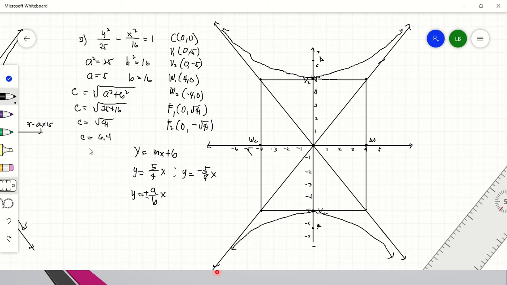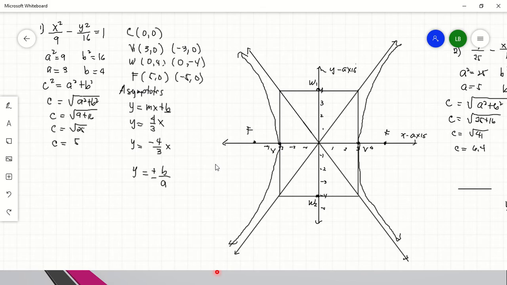Okay, kung babalikan natin, ang a dito, ito ay 5. So, ito siya sa y. Ang tips natin, pag positive ang squared variable x, nandito ang ating transverse axis, horizontal.